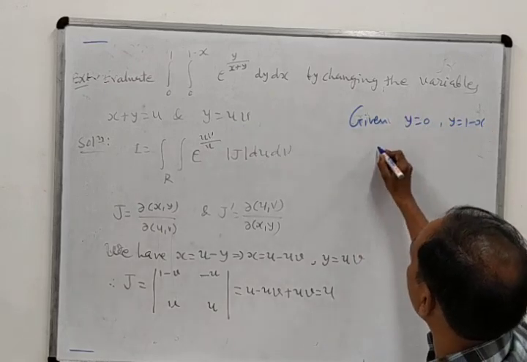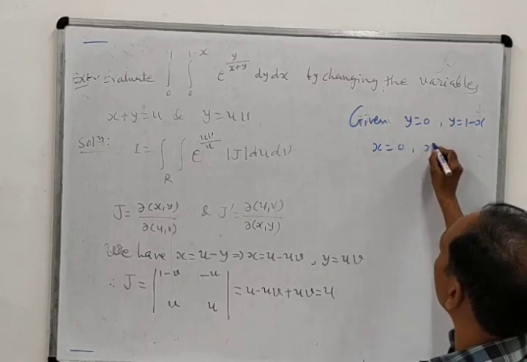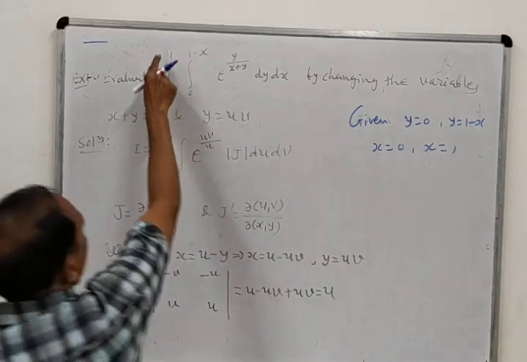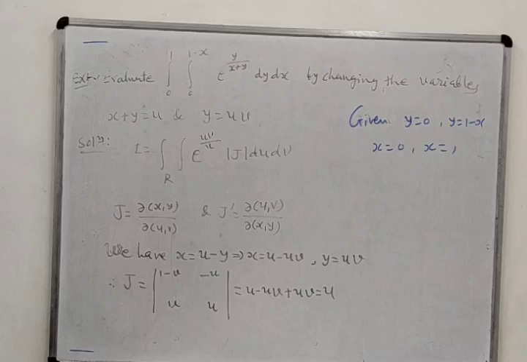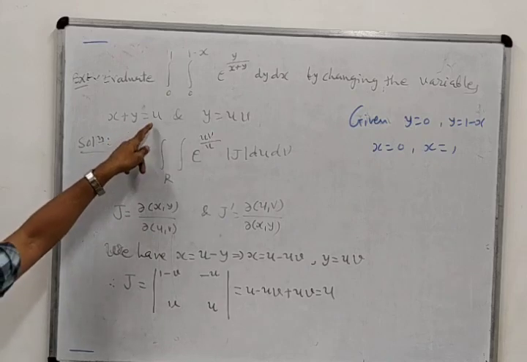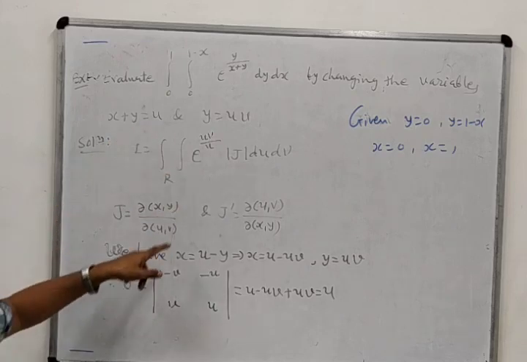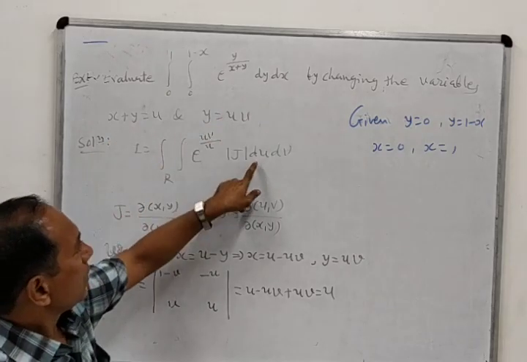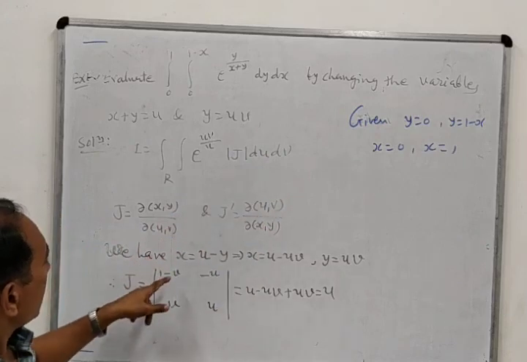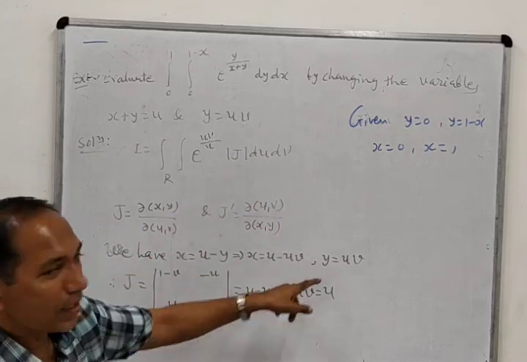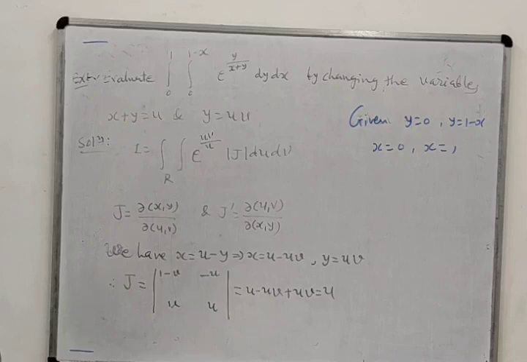These are the limits of x: x equal to 0 and x equal to 1. So we will find out the limits of u and v by using these equations.